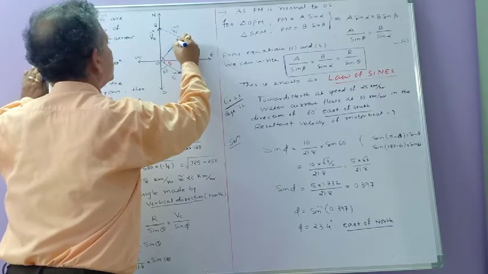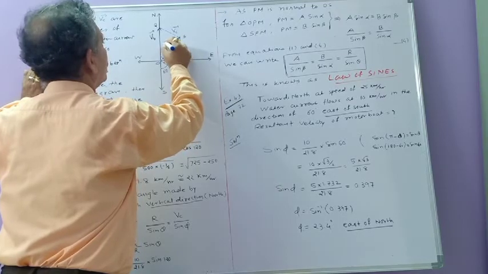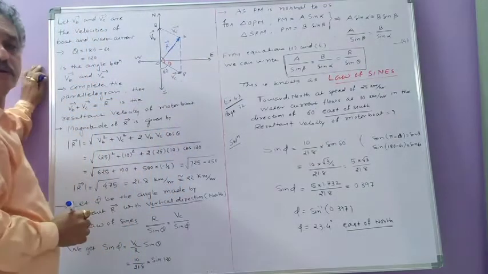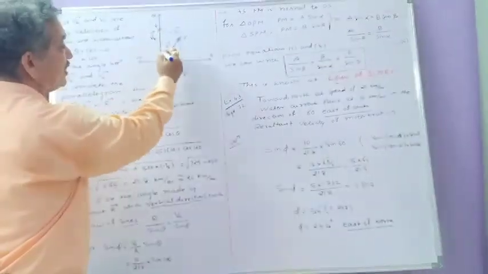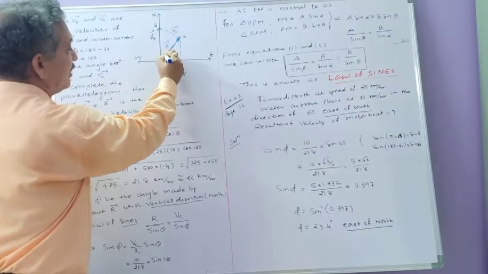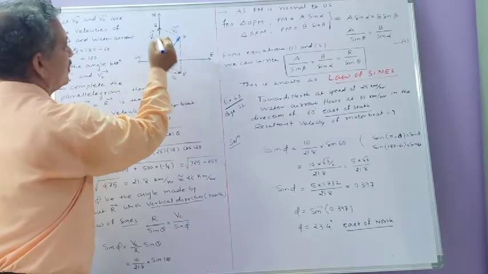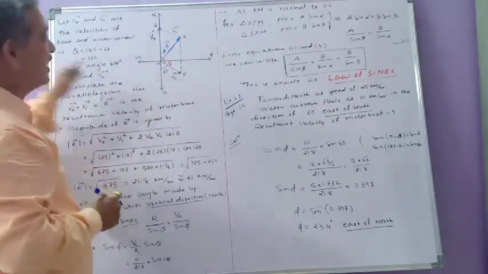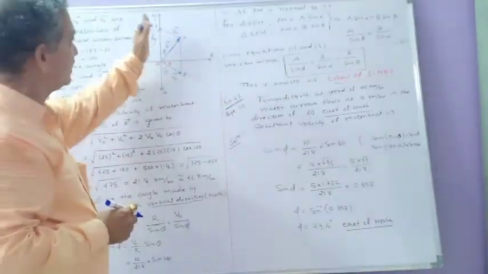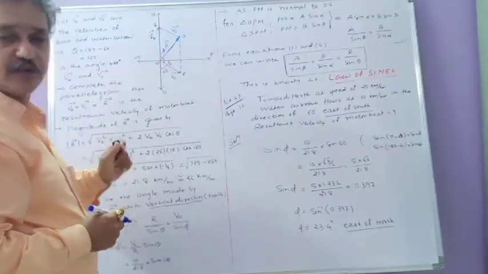So one can see this is the resultant vector, and let this resultant vector make an angle phi. And that phi will be what? The direction of the resultant velocity with respect to the north direction.